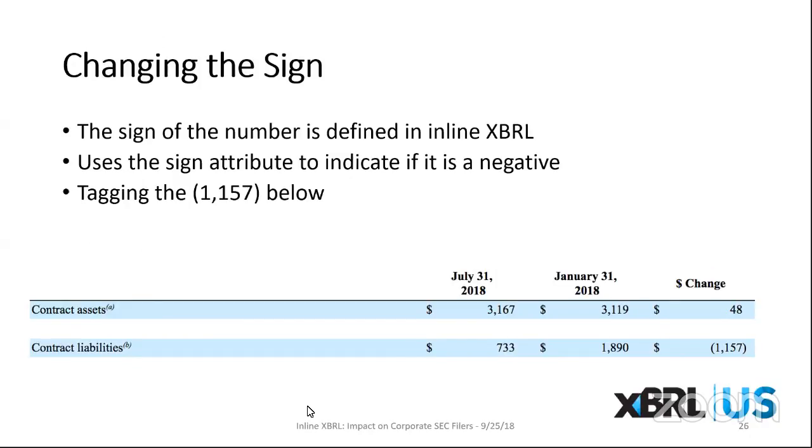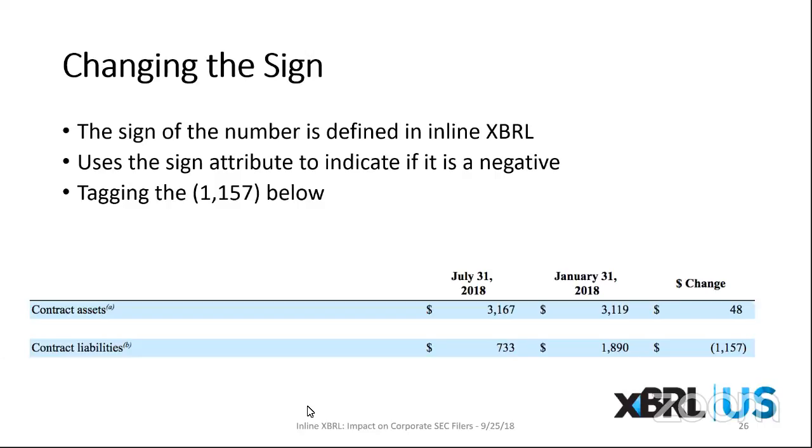In addition to transforming words, we can also transform numbers using sign transformations. When you're representing your numbers in your tables or in your HTML, frequently you use parentheses around a number to represent a negative value. Obviously, this doesn't work with XBRL. They're expecting a negative sign if it's negative. In this case, we would have to use a sign modifier to tag the number 1157 below as negative.